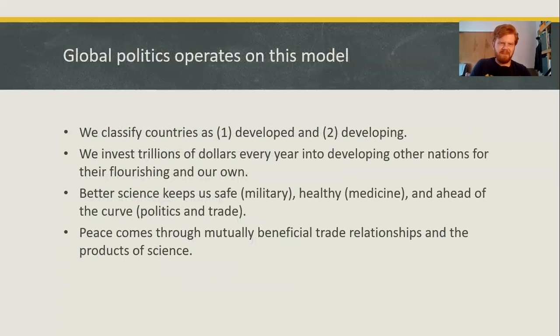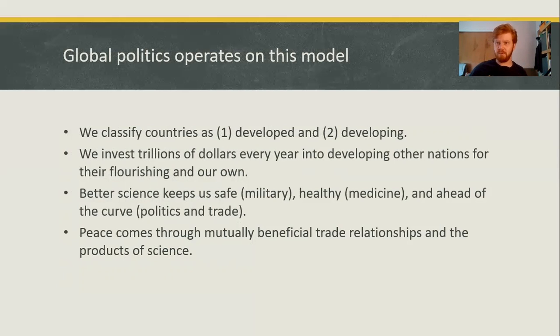And to some degree, global politics already operates on this model, right? We classify countries as developed and developing. And from previous lectures, I'm not wild about that idea myself, but there is perhaps some wisdom to it, that developed countries should be helping developing countries gain the things that we have because we enjoy them so much. Our lives are prosperous.